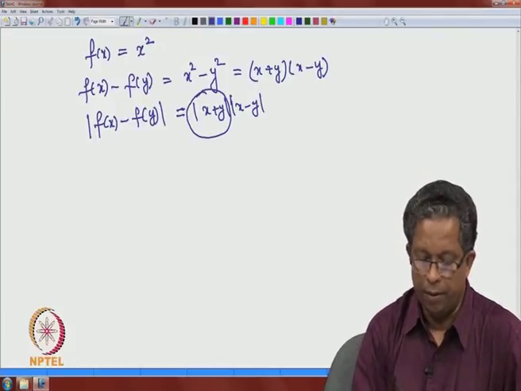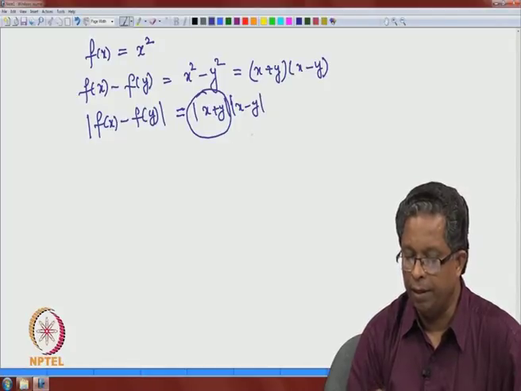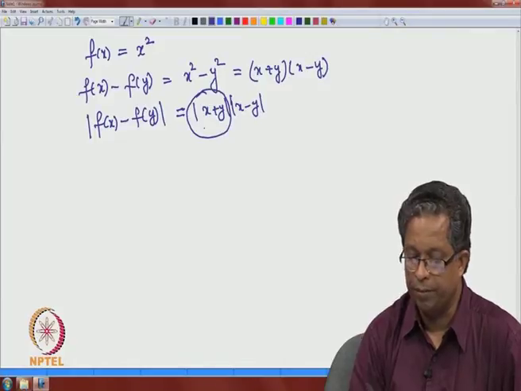But if x and y are varying in a bounded set, then absolute value of x plus y is a bounded quantity.